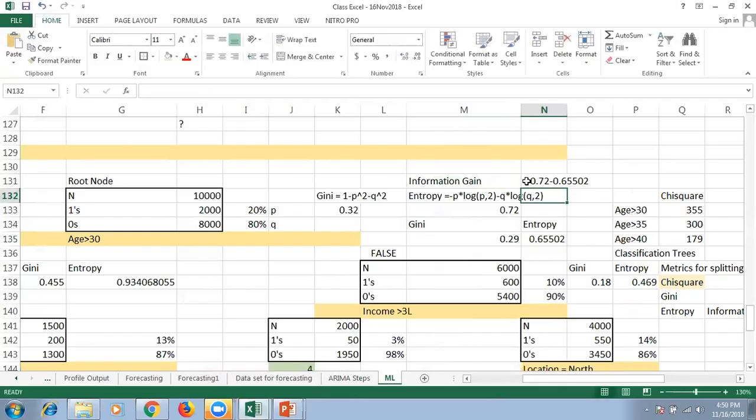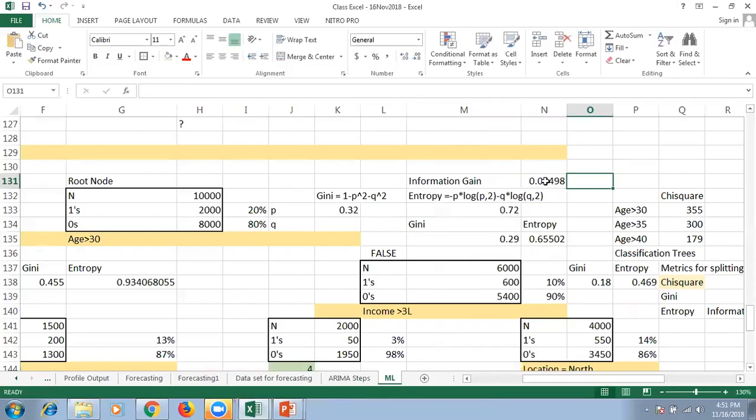So this is the information gain. Which split gives you the highest information gain? That will be your best split.